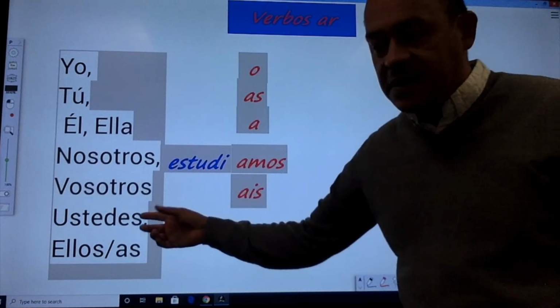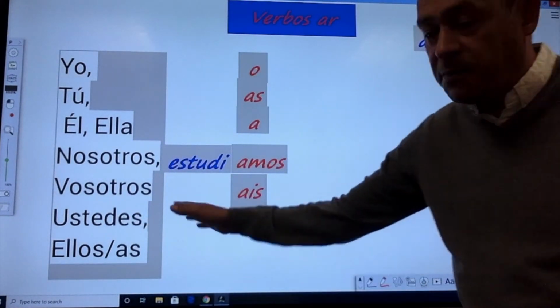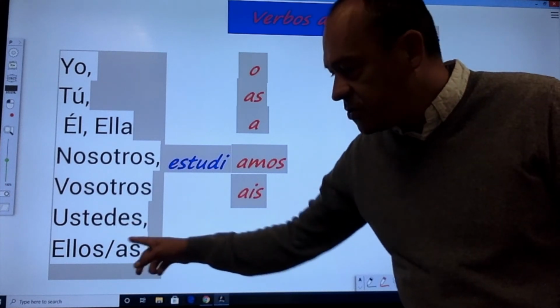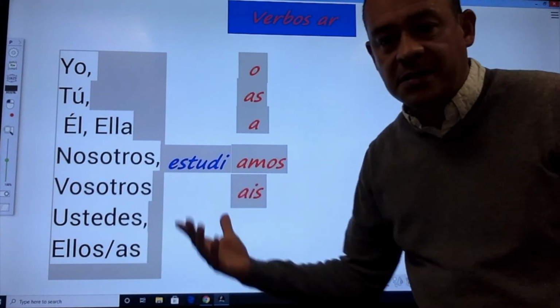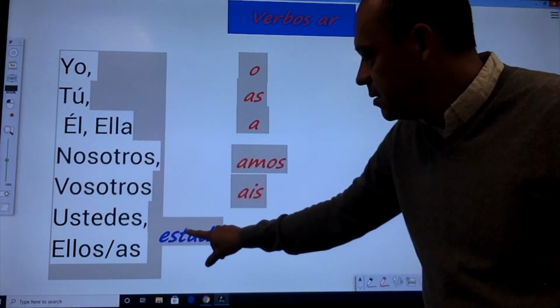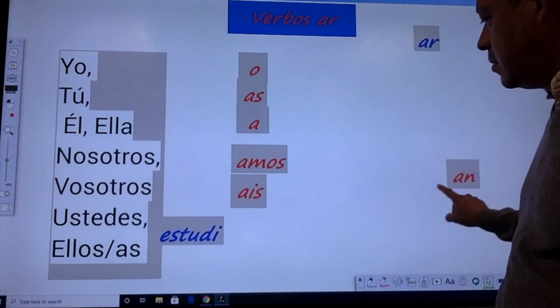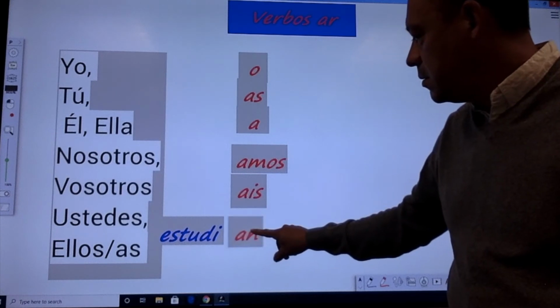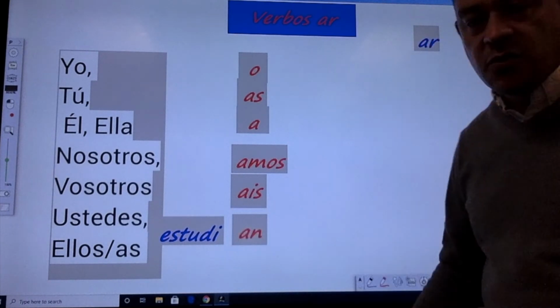And then ustedes, you guys in Latin America and some parts of Spain, or ellos or ellas, all these right here share the same ending. They study: estudian.